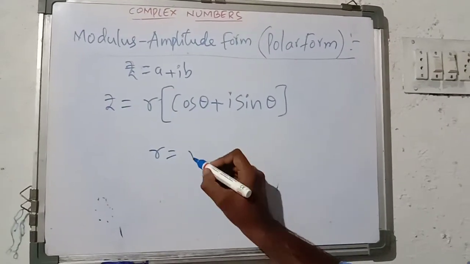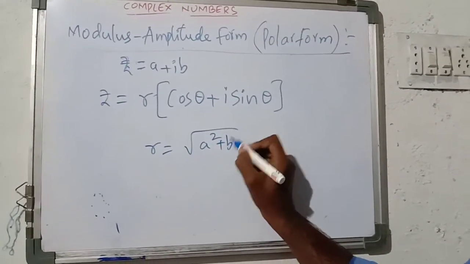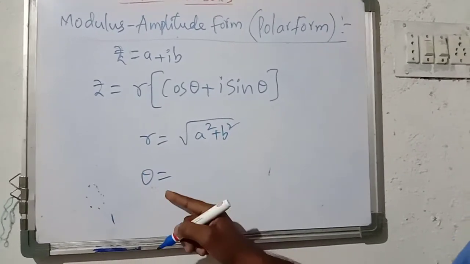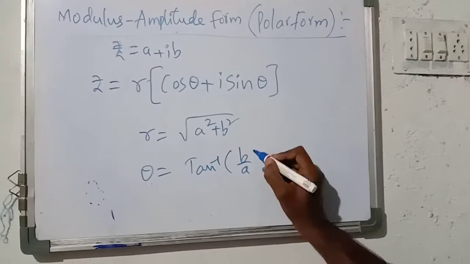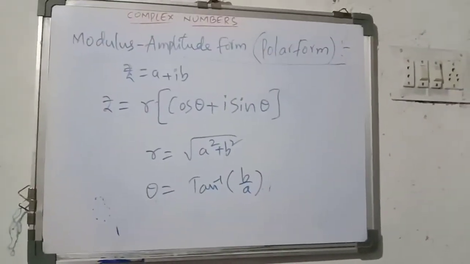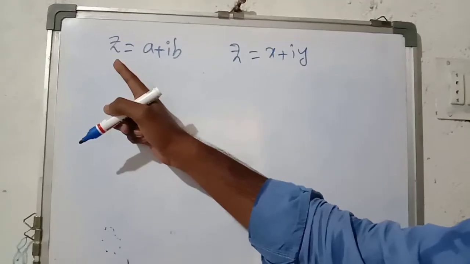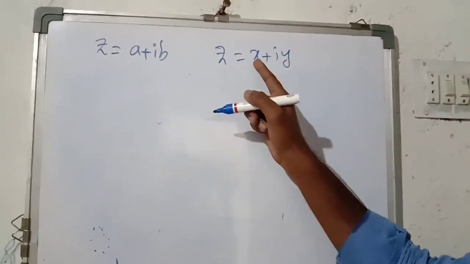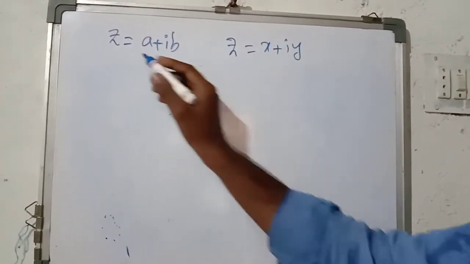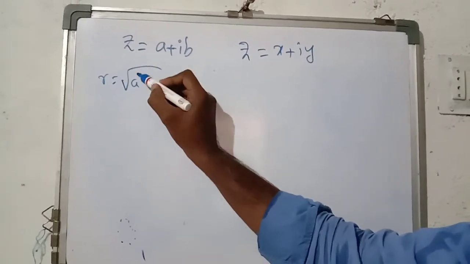Here r is under root of a square plus b square and theta is the argument value, that is tan inverse of b by a. The given complex number can be in the form z equals a plus ib, or it can be in the form z equals x plus iy; both are the same. Here r equals under root of a square plus b square.